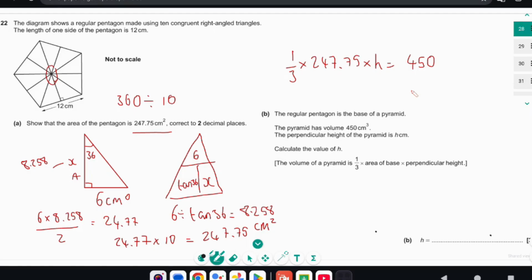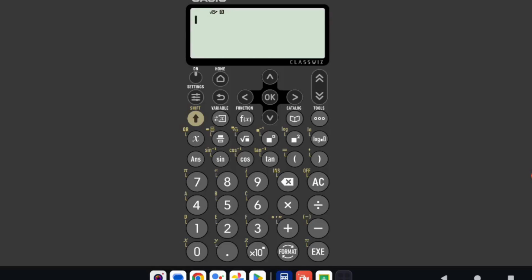So I'm going to work out a third times 247.75. You can just use the fraction button on your calculator. I'll show you how to do this. So there's your fraction button.